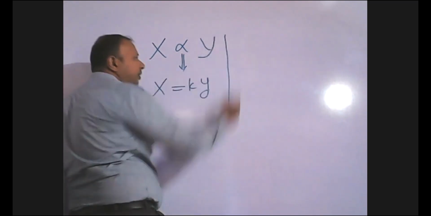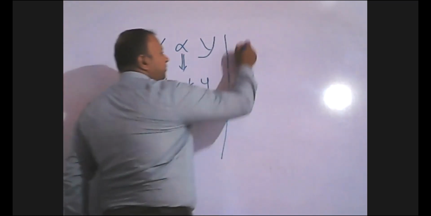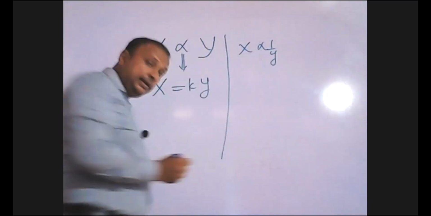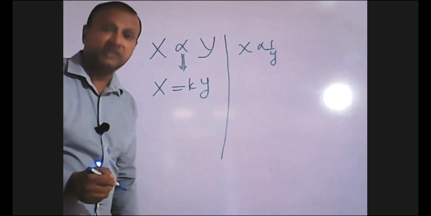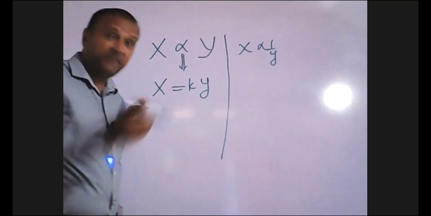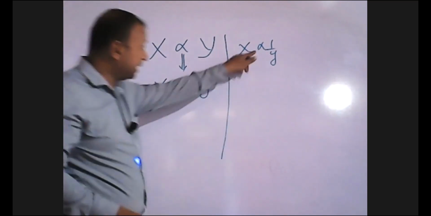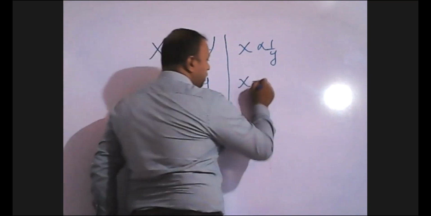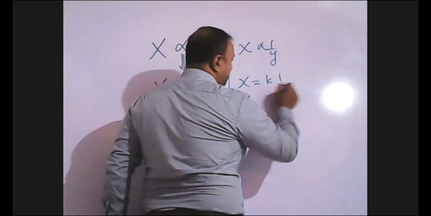If the relationship between the given physical quantities is an indirectly proportional one, it's an indirect proportionality, we can convert this relationship into an equation. X equal k into 1 over y.